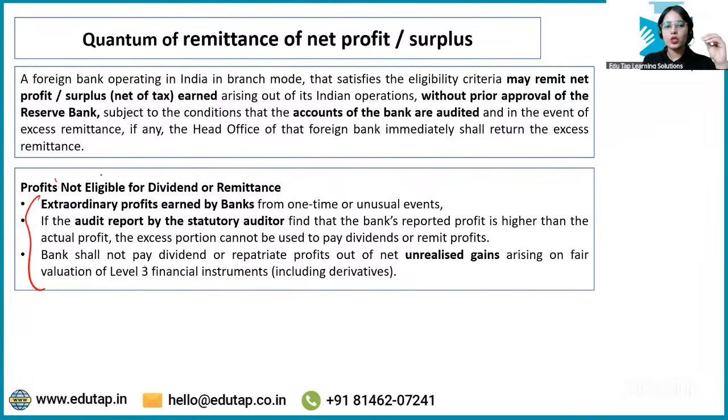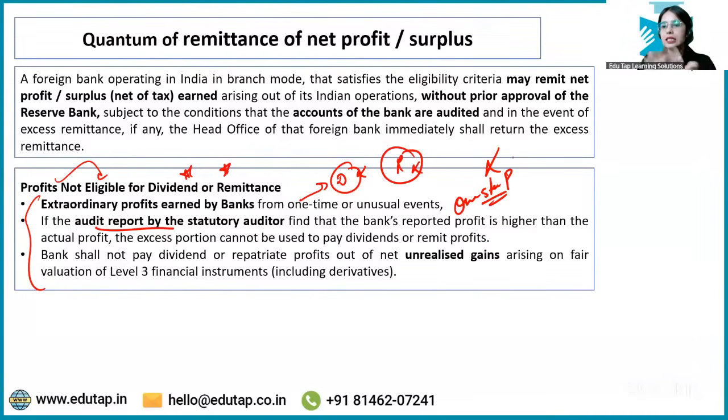So basically, profits not eligible for dividend or remittance: extraordinary profits, from which dividend cannot be paid out and remittance of profit cannot happen. If the audit report states that there is overstatement of the profits by the bank, then from the overstated profits dividend cannot be paid out because these are not actual profits. These are just overstated.